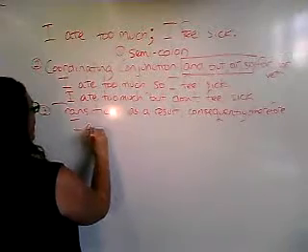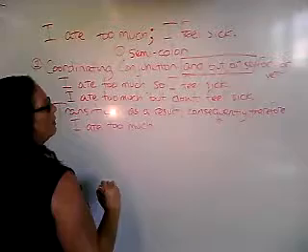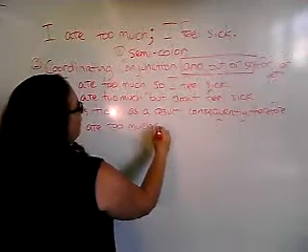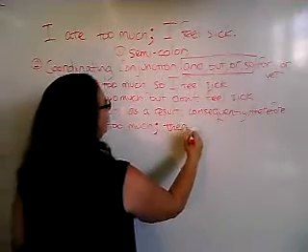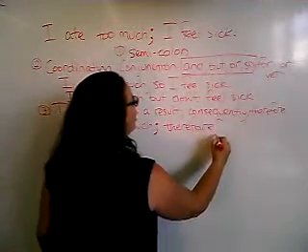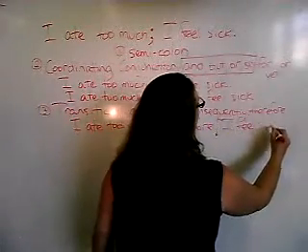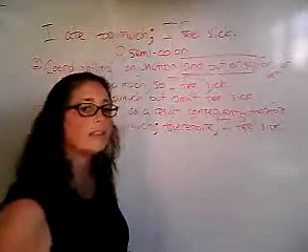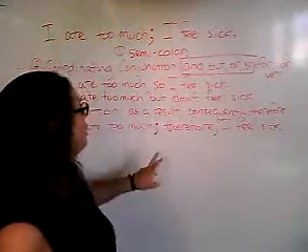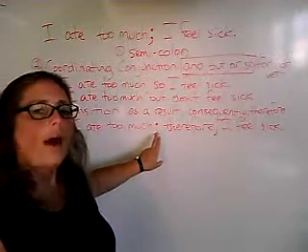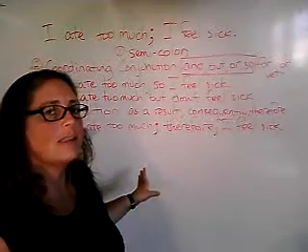So, I ate too much. Semicolon. Therefore, comma, I feel sick. Using a transition word to connect ideas is great, but you need to remember that you have to separate the two ideas as if they are separate sentences.